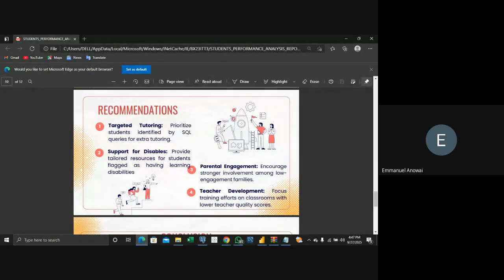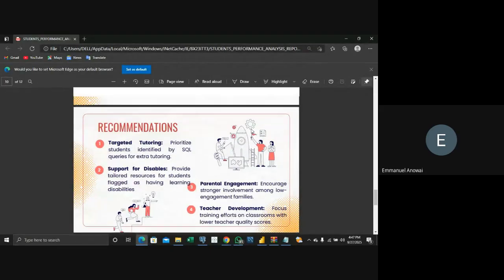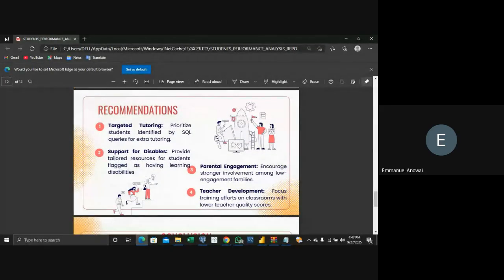We also encourage targeted tutoring for students who are identified as at-risk students by our SQL query. We also encourage the school to facilitate teacher development in order to improve teachers' quality and also get a good exam score from the students.